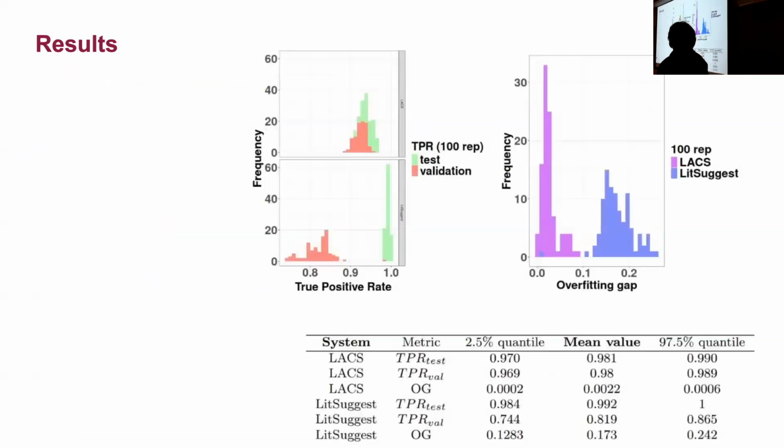So these are my results. As you can see, I have very similar results compared with the lead suggest, but in my case, the true positive rate is higher in the validation dataset.